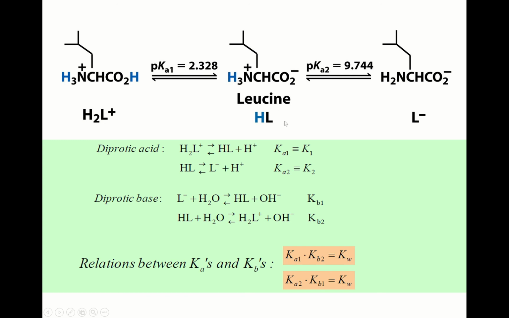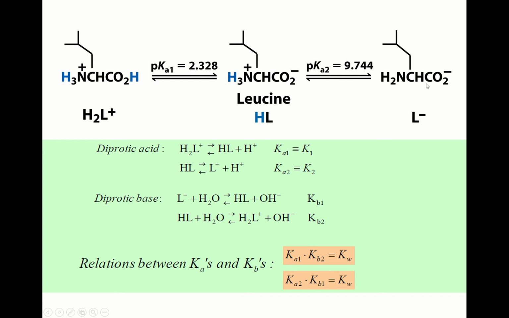Let L mean leucine, so the fully protonated form is H2L+. It dissociates stepwise. The first dissociation constant is Ka1 or K1, and the second dissociation constant is Ka2 or K2.